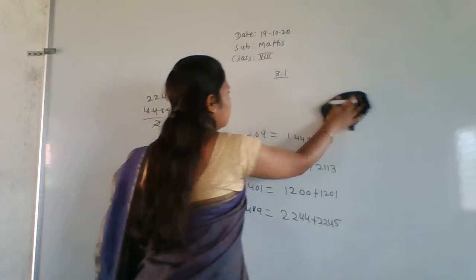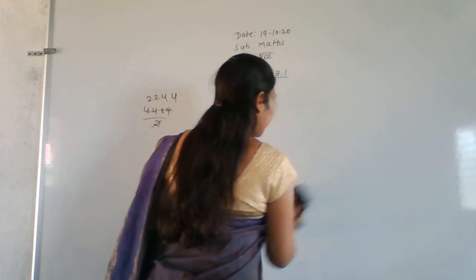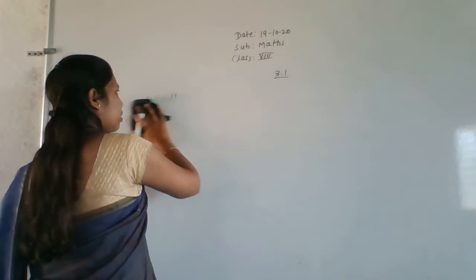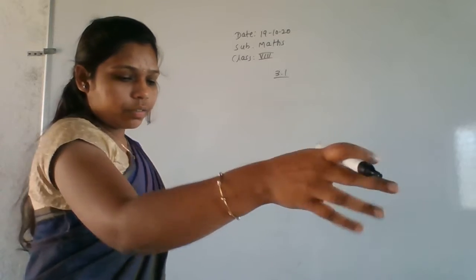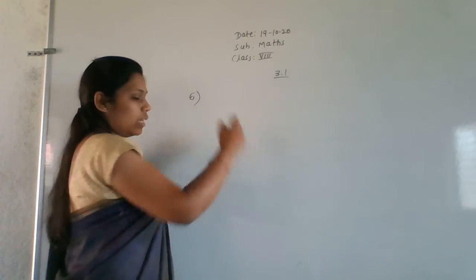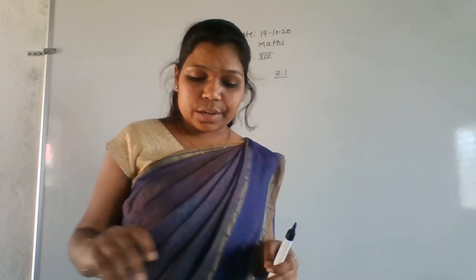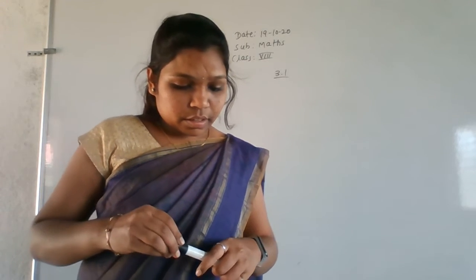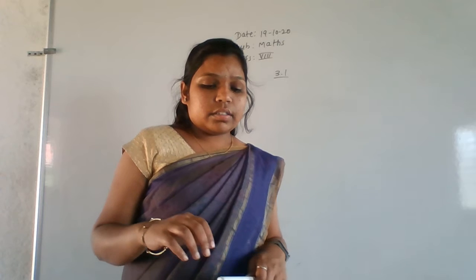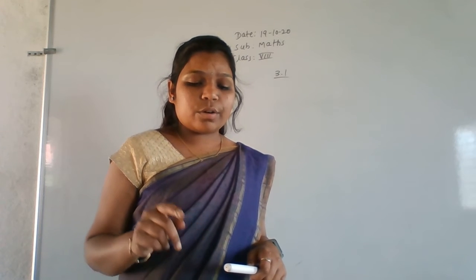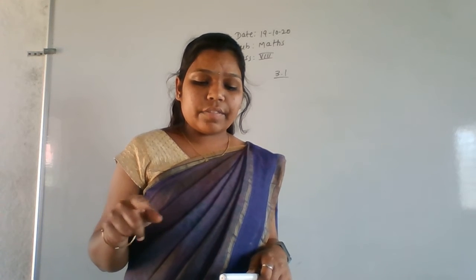And next main is the 6th main. So the 5th main is completed. Now we solve the 6th main. Using dots, draw a square of side 7 dots.